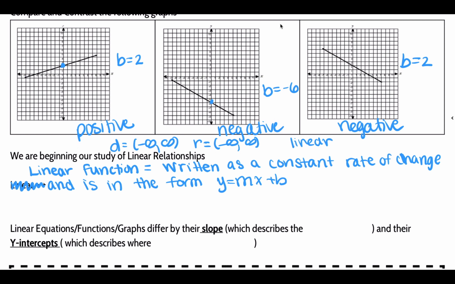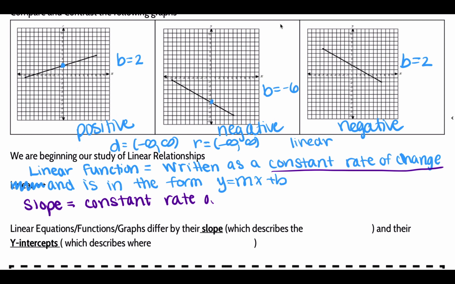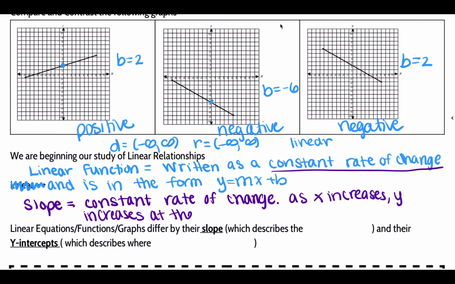We know that the constant rate of change is actually our slope, which is just constant rate of change: as x increases, y increases at the same rate.